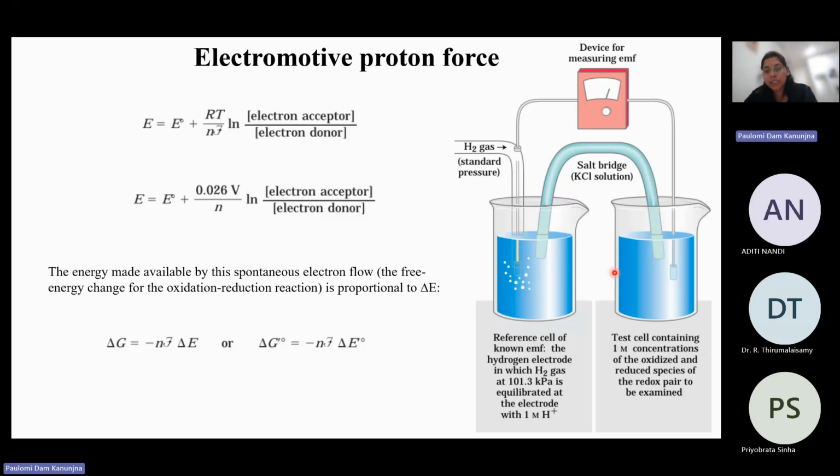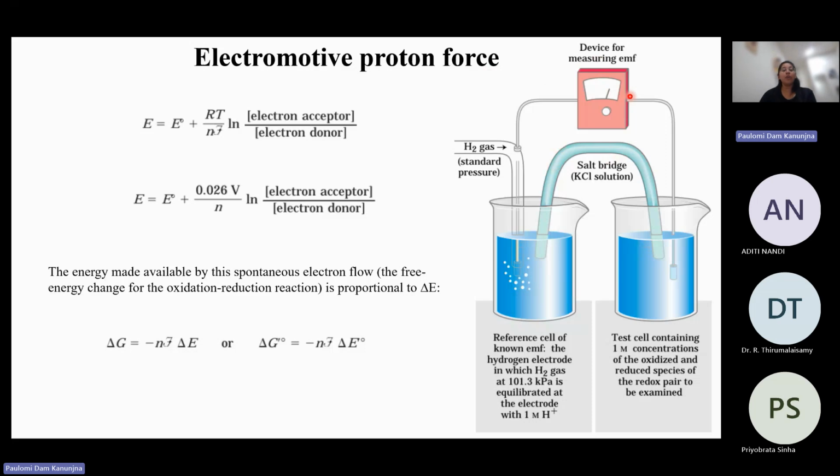Basically, if this side is pH 0 and has no voltage, and this side has my redox pair working, my flow of electrons will be in this bridge via this movement. And this machine is measuring the fluctuation in the voltage.